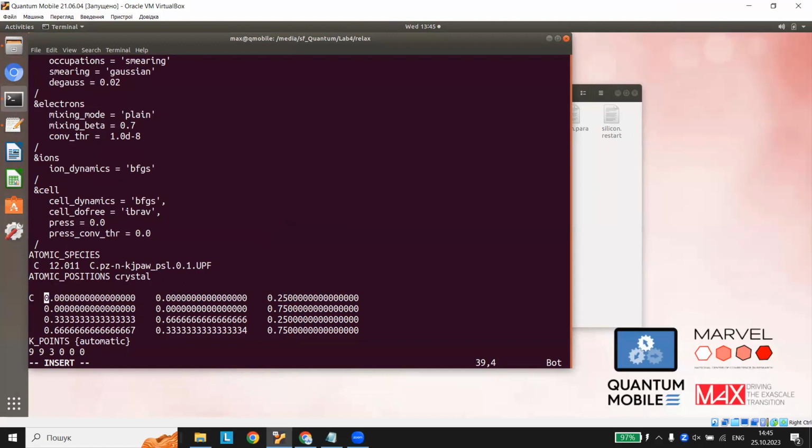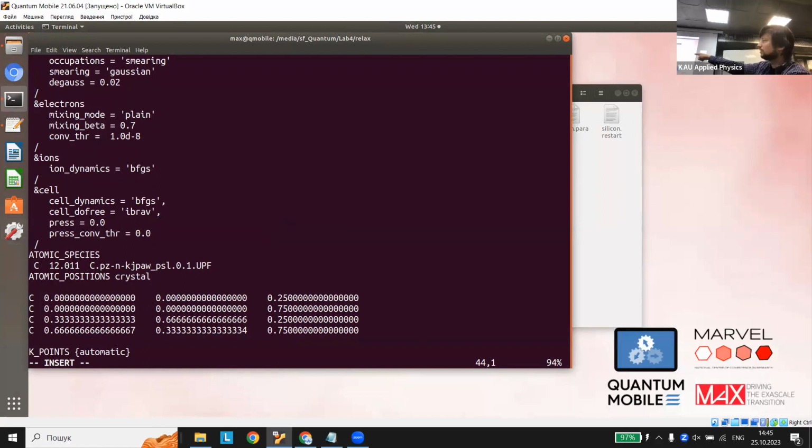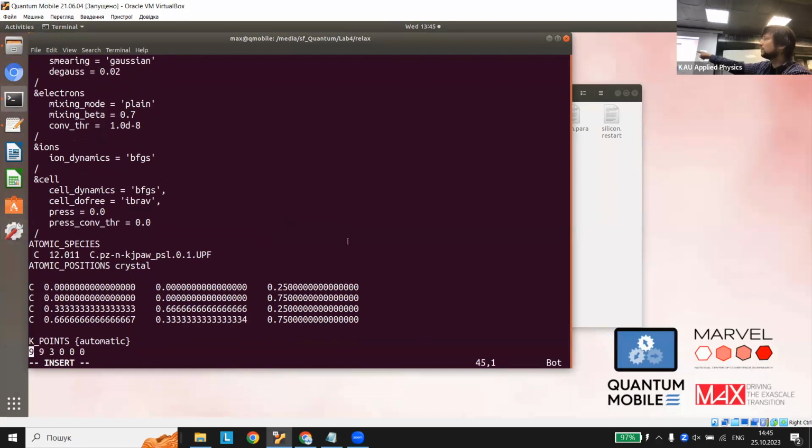Should it be centered? Yeah. Oh, okay, it's for beauty. You can make it chaotic, but it's good. And you see, you have this blank. You see crystal, and then between the coordinates and atomic positions, you should delete this blank line.